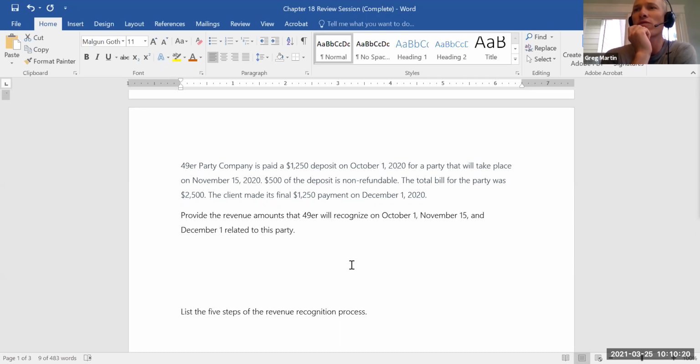Kyler says October 1st, I'm assuming 500, which is the non-refundable component. So then someone has 750 for October 1st. Somebody said December 1250.